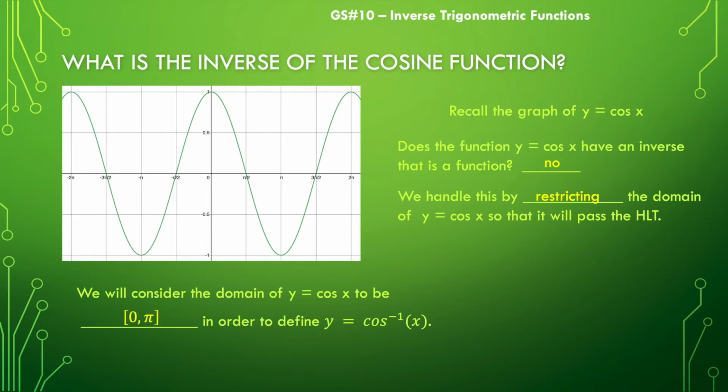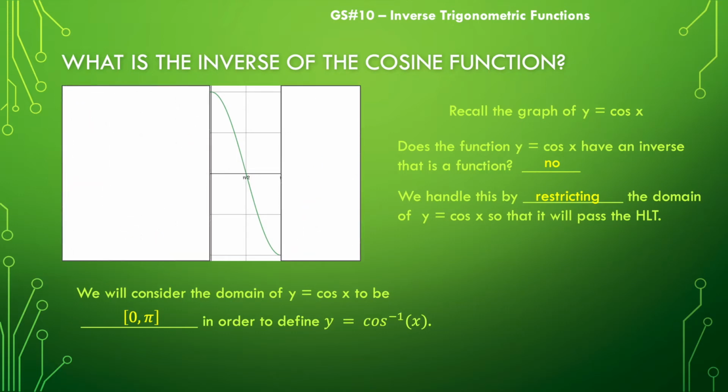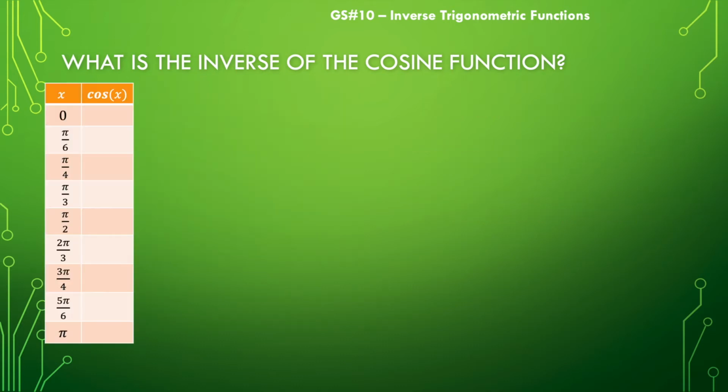As we look at that interval, we've got a section of the graph that passes the horizontal line test, and that allows us to define the function y equals cosine inverse of x.